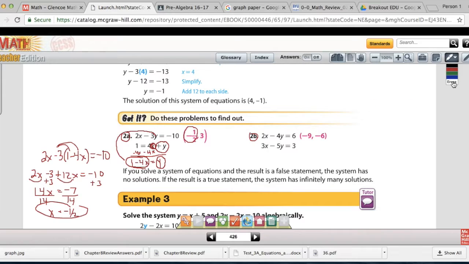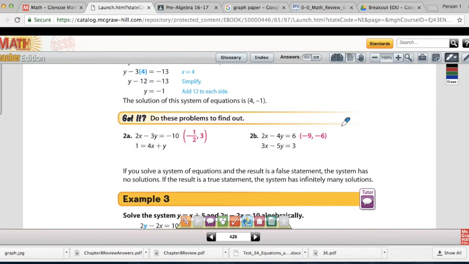If I put negative 1/2 in for x, negative 1/2 times 4 is negative 2. 1 equals negative 2 plus y, plus 2, plus 2, y is equal to 3. Again, it's a little bit trickier, so you're going to have to pay attention on these ones if it's asking you to solve algebraically.